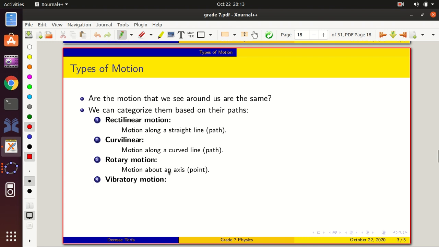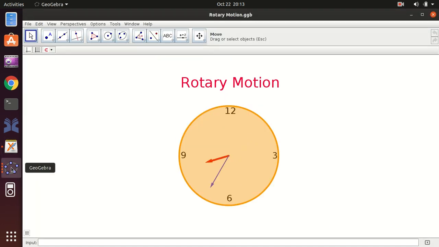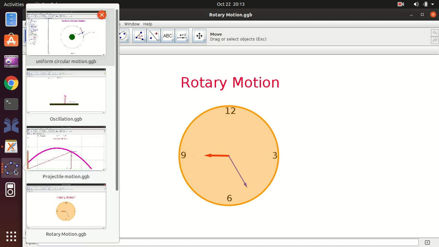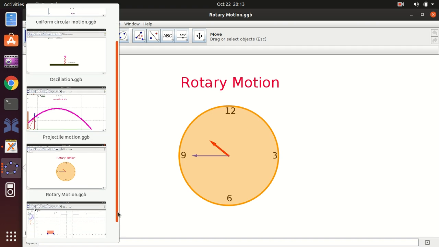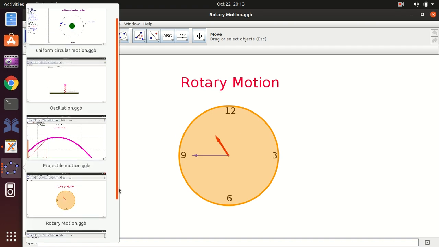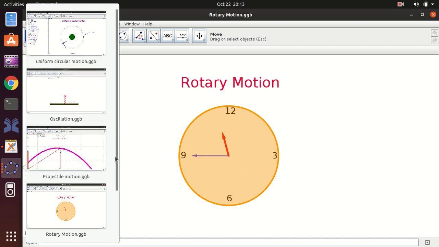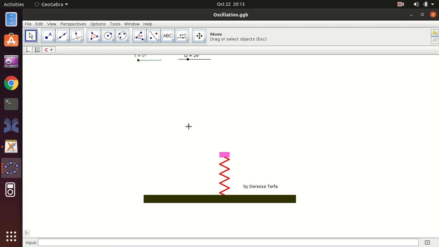The fourth one is vibratory motion. Again, let us see this block. This block is attached to a spring. If I compress the spring vertically downward, the motion of the block looks like this.